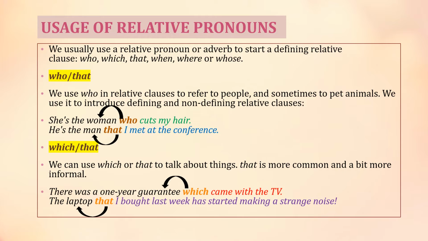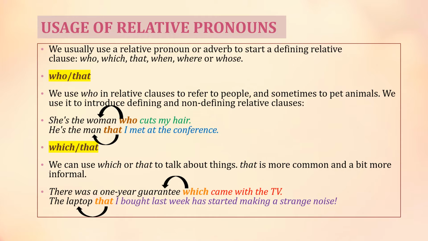That is speaking about the laptop here. In these 2 sentences, guarantee card and laptop are the things we are speaking about. So we can understand relative pronouns join an independent clause and a dependent clause, one that cannot stand alone as a complete sentence.